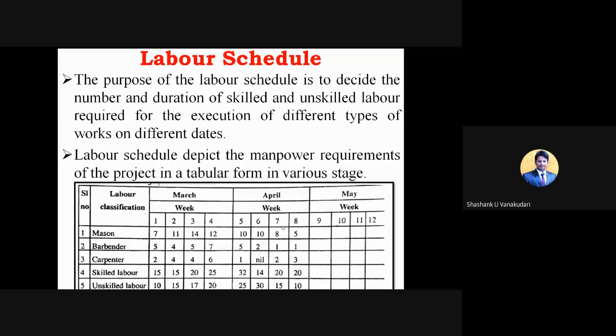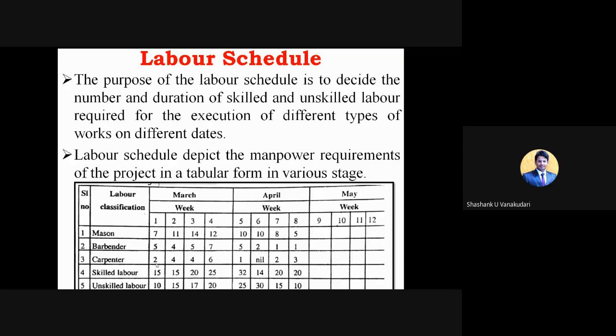This is just an example table showing how to prepare a labor schedule. The durations are given by month, that is March, April, May, and each month is divided into 4 weeks: week 1, week 2, week 3, and week 4. They have given the required number of laborers to carry out those activities.